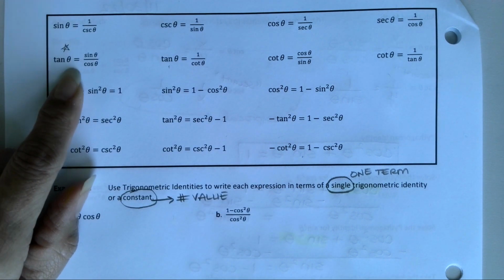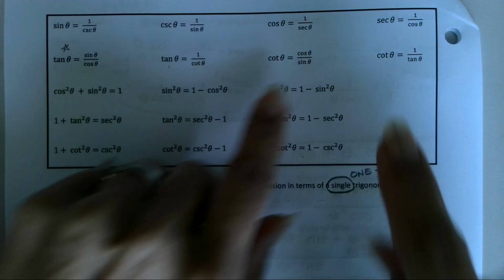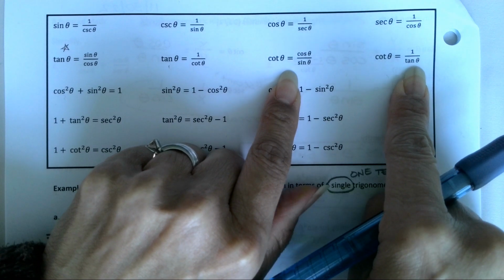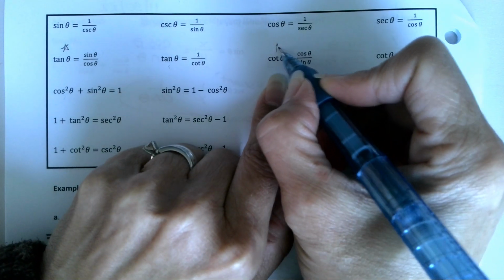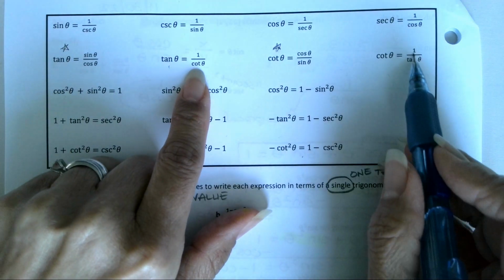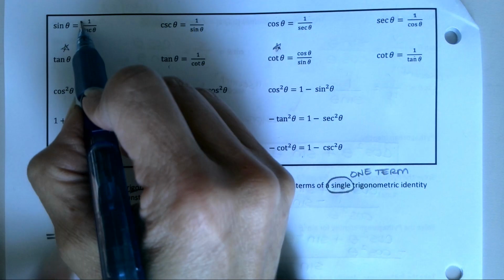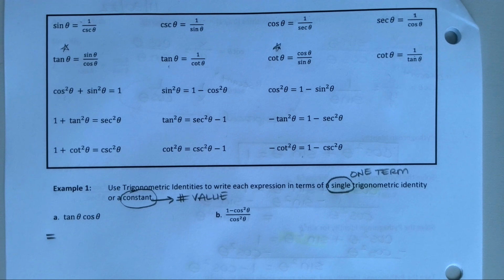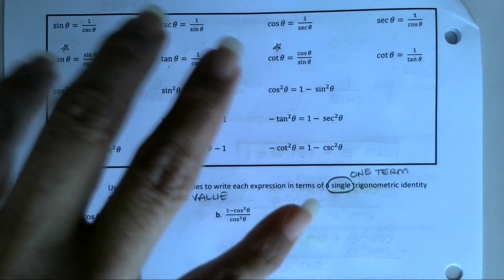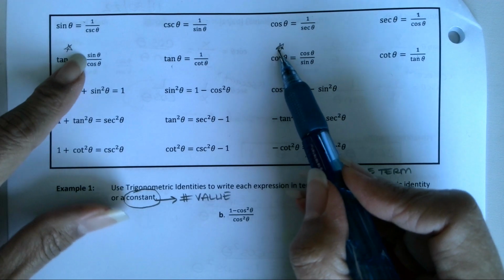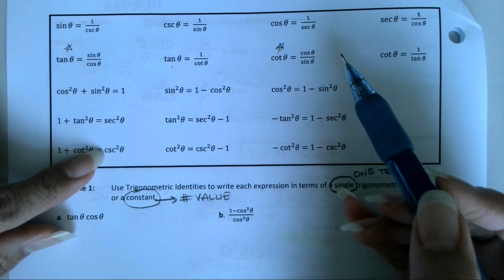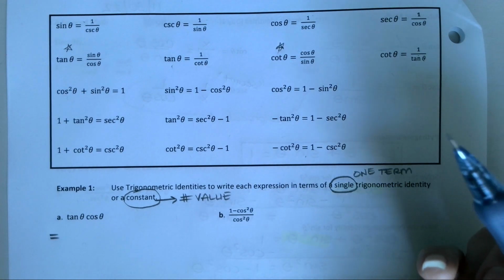Okay? Between cotangent thetas, most of the time, it's going to be this one. The ones with 1 overs are hardly ever used. So when you guys are looking at this chart, I want you guys looking at these and the Pythagorean identities. That's where you look for most of the time, okay?